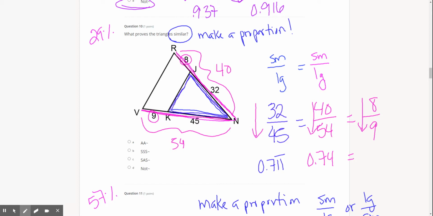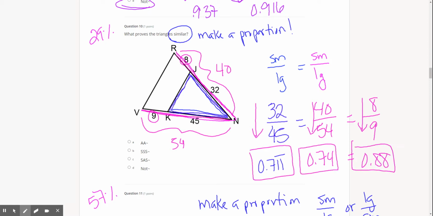That's what I got too. Those two should be. But I think because they all don't match, what do I have to do? Say not similar. Okay. If it worked, then these two numbers would be the same. Actually, all three numbers would be the same.